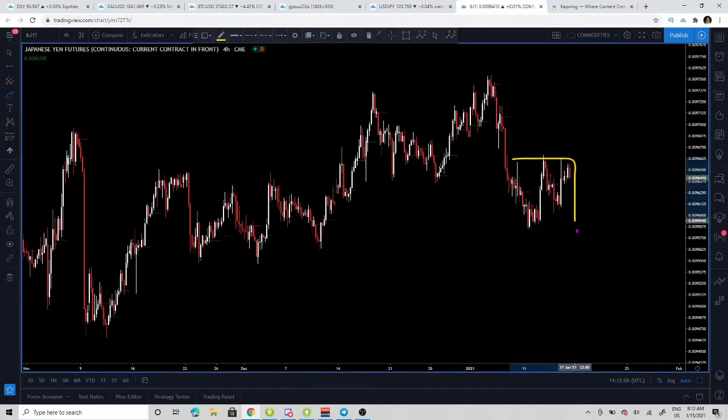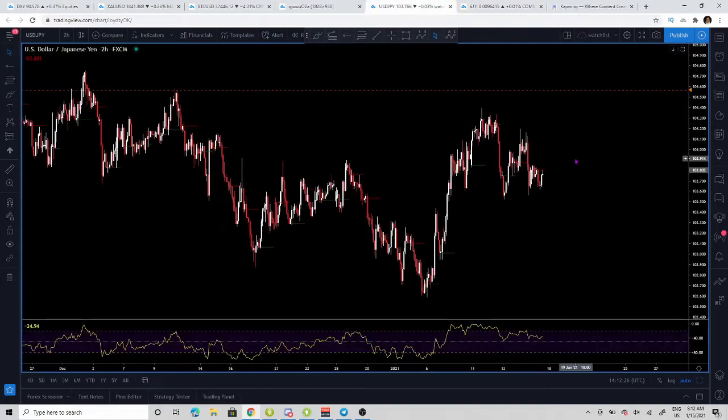But right now we are kind of trapped inside of this box on the Japanese yen futures, which is not very appealing. And this is one of the main reasons that this market is very choppy at the moment. But in any case, this is what's happening with the yen futures.